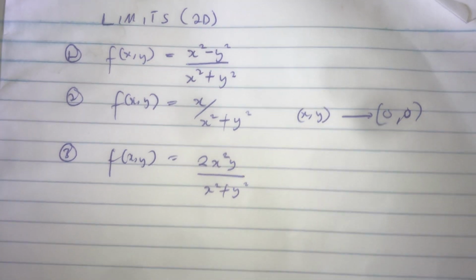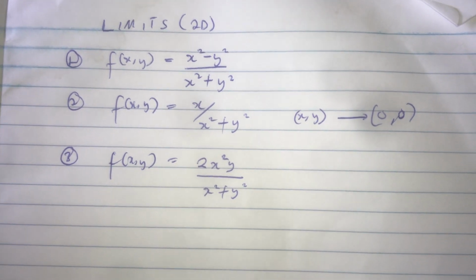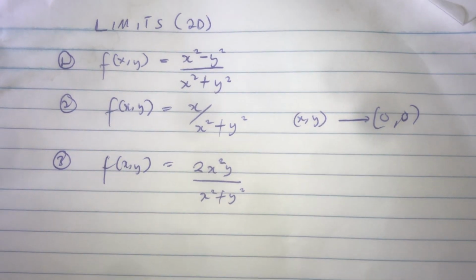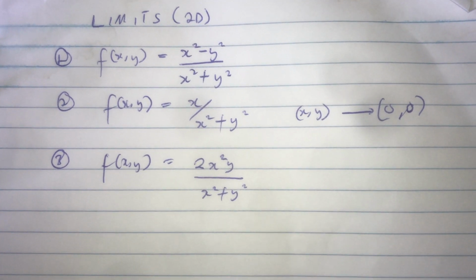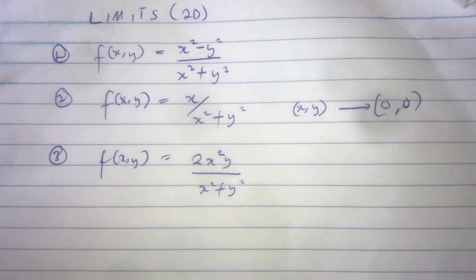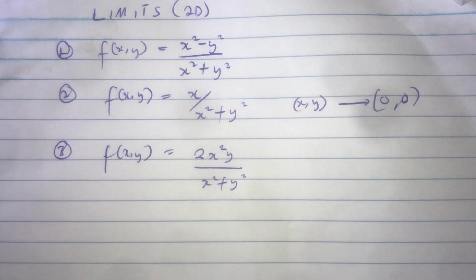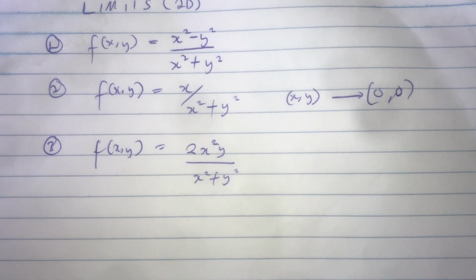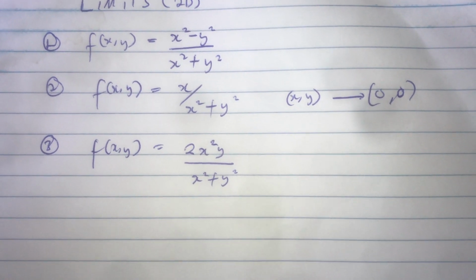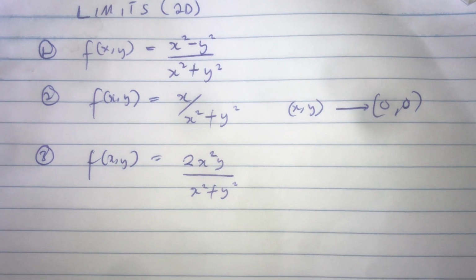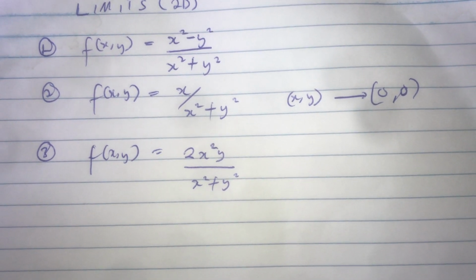With the first example, we have f of xy is equal to x squared minus y squared all over x squared plus y squared. So here you can see that with all the three examples, we have x, y approaching 0, 0. So first, you have to look at finding the limit whilst considering the x-axis and the y-axis, because from the points given, we can see that x and y are both approaching 0, 0.